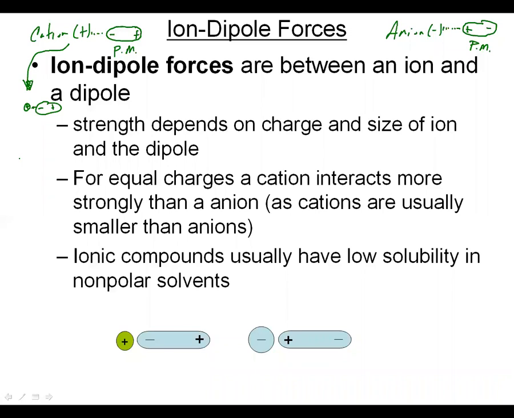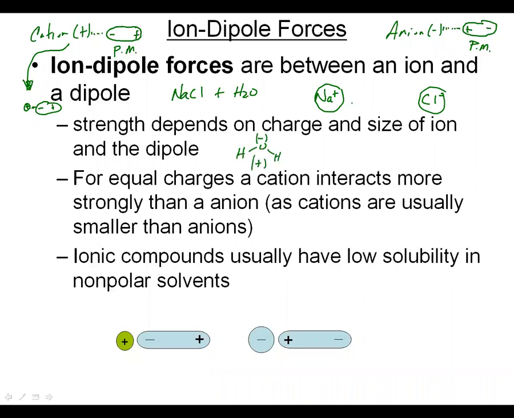Ionic compounds usually have low solubility in nonpolar solvents, and this is essentially what happens when we take something like sodium chloride and put it in water. When the sodium chloride goes into water, it breaks apart into a sodium ion and a chloride ion. Remember, water has two sides, the oxygen being more negative, the hydrogen being more positive.